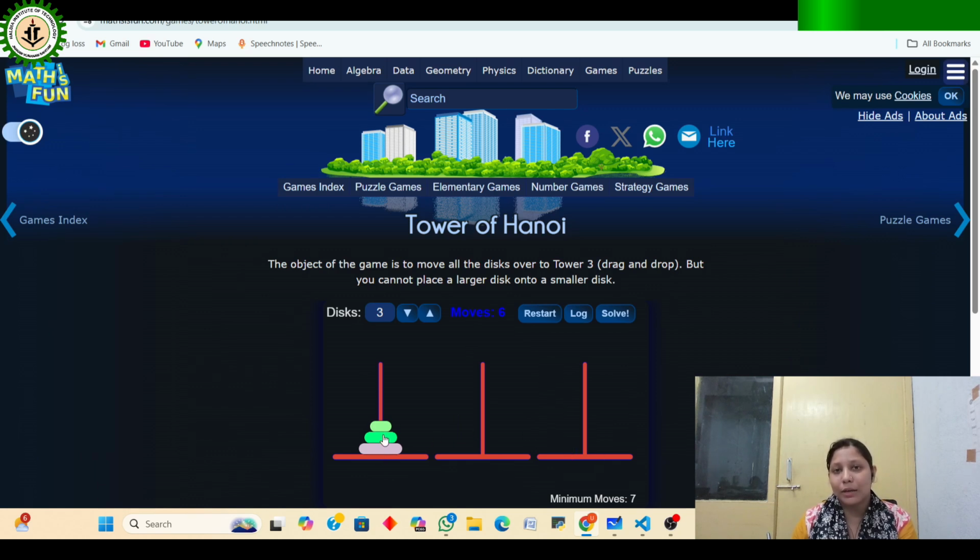For that, we will apply some algorithm, and after moving the nth disk from source to destination, we will put the rest of the n minus 1, n minus 2 disks on top of that. And how will we proceed?